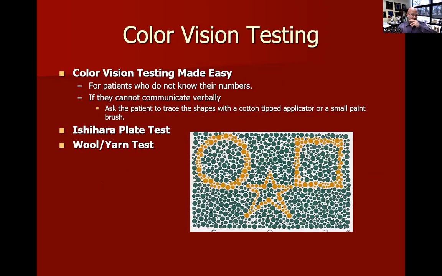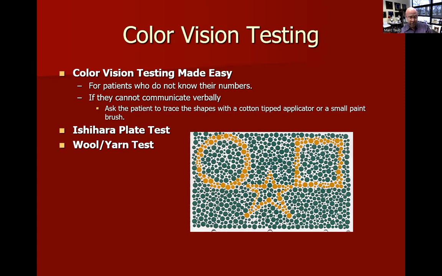So what are some of the tests? So this is called the Color Vision Made Easy. Color Vision Made Easy is great for little kids, as well as patients who don't know their numbers. Essentially, you could ask them what shapes they see, but if they don't know the shapes, you can have them use a pencil eraser or a Q-tip, something like that.